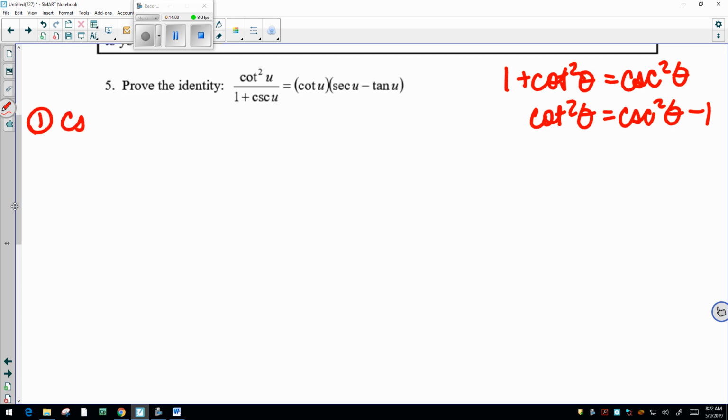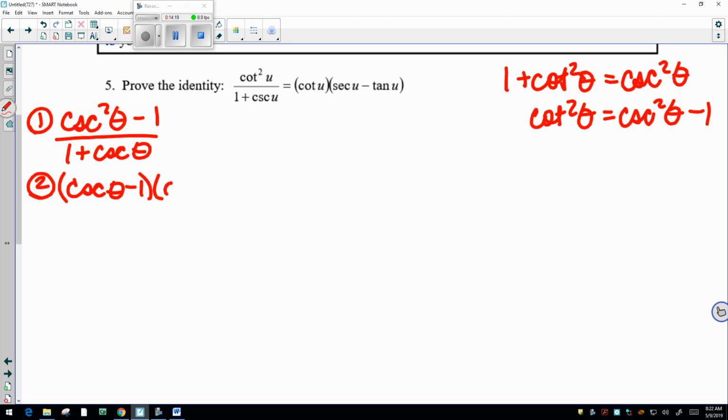I'm going to say that this is cosecant squared theta minus 1 over 1 plus cosecant theta. And then I see that numerator, I could factor that out into cosecant theta minus 1 and cosecant theta plus 1, and divide that all through by 1 plus cosecant theta.